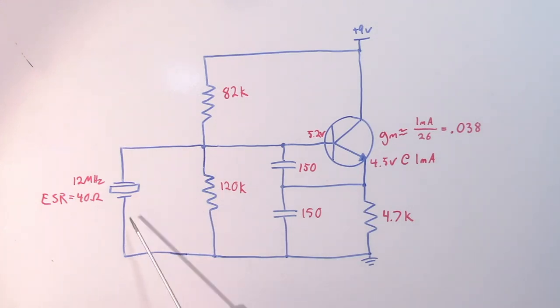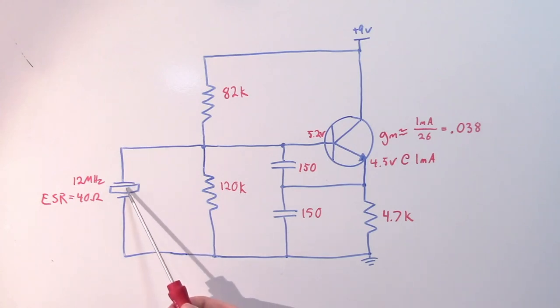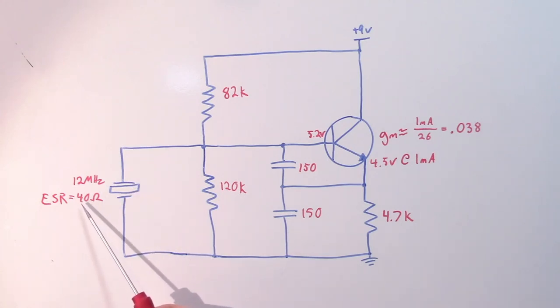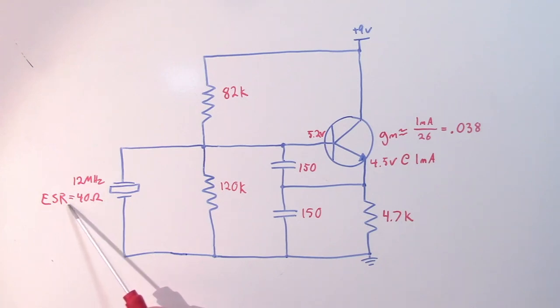For a parallel resonant crystal like this, the actual internal RE is going to be a little less than this, but it depends on the load capacitance you have across it, as well as the shunt capacitance inside the crystal, which is usually about 5 picofarads. So I usually just use the maximum ESR as the RE in my equations.